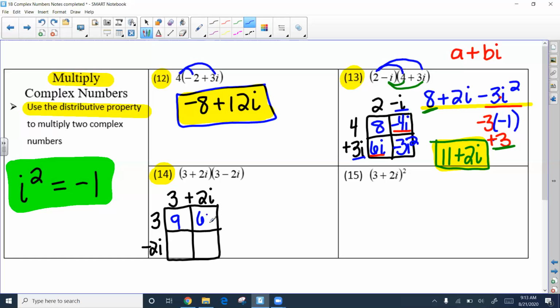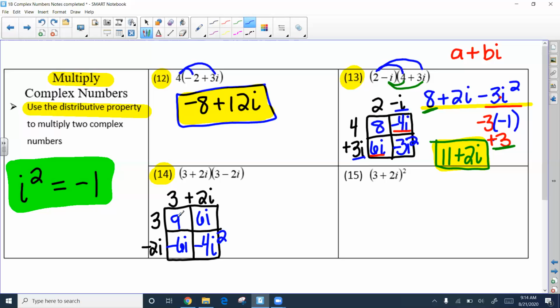This would be 6i, 3 times 2i. This box, negative 2i times 3, would be negative 6i. And then this fourth box in the bottom right, negative 2i times positive 2i, is negative 4 for the number, but i times i is negative 4i squared.